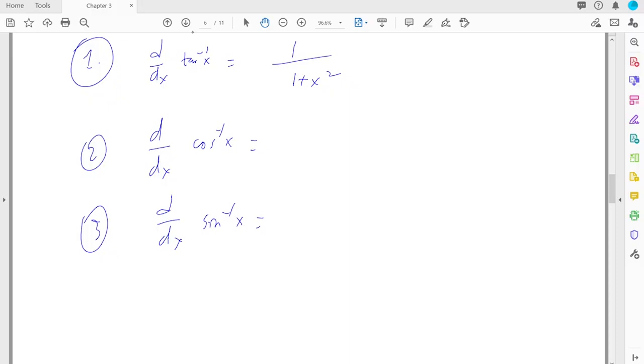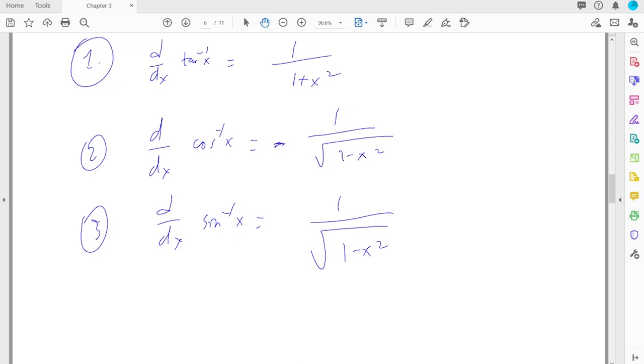The derivative of sine inverse of x is 1 over square root of 1 minus x squared, and the derivative of cosine inverse of x is, by doing the same thing, also 1 over square root of 1 minus x squared, but in this case with a minus.